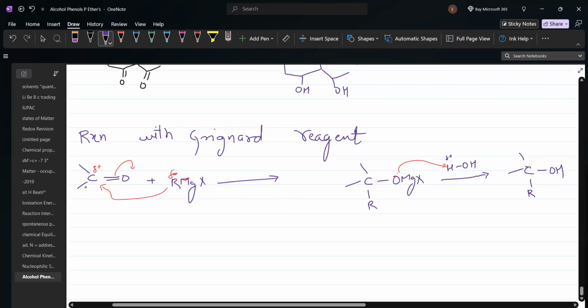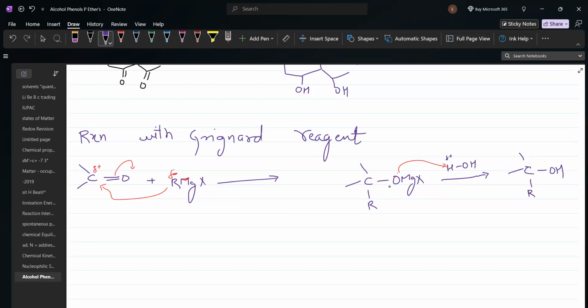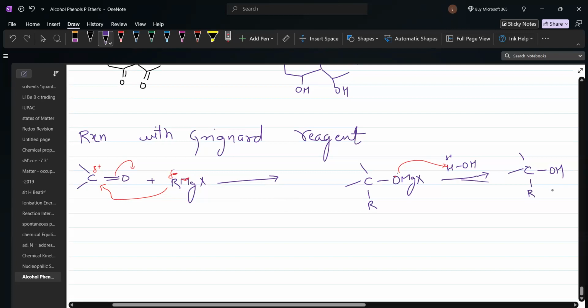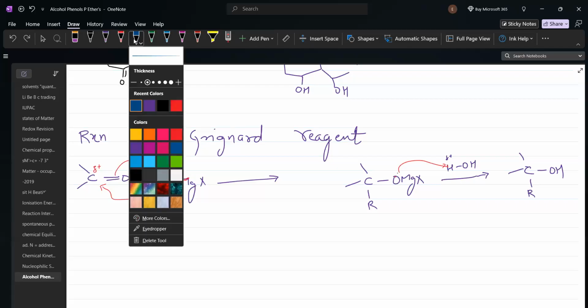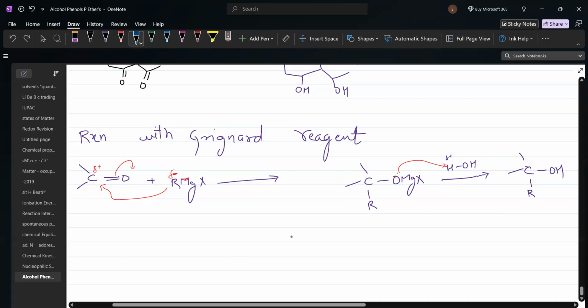It will attach on this carbon, and OMgX is formed. Then oxygen will attack on this hydrogen of water and will form alcohol. This was the mechanism.